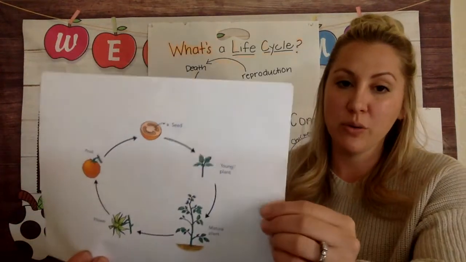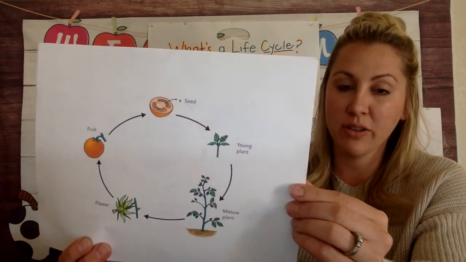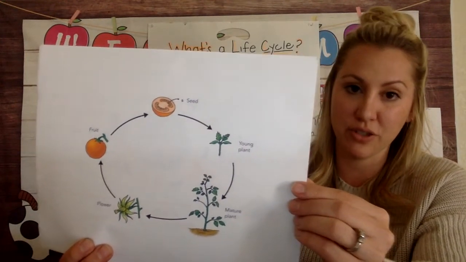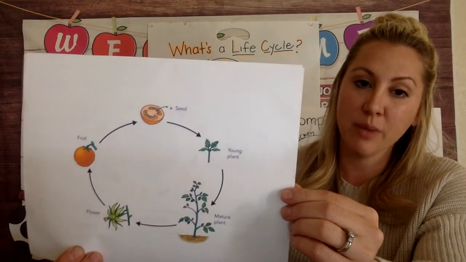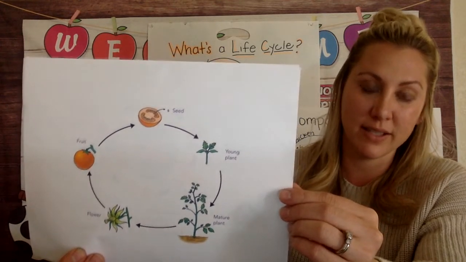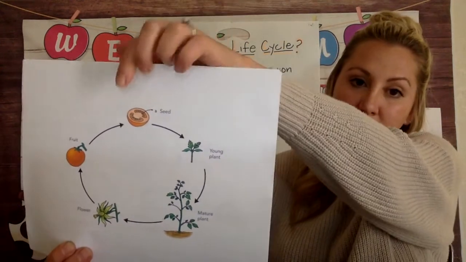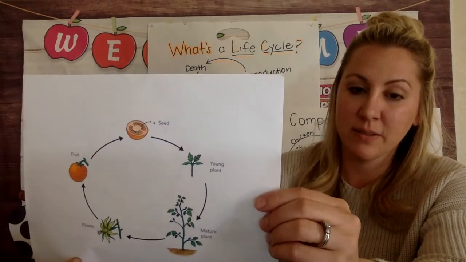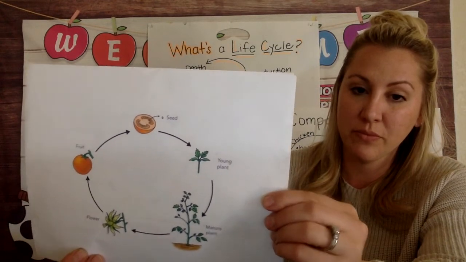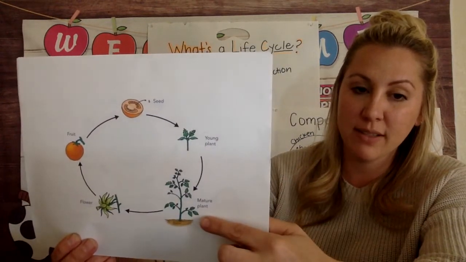I want you to draw this model of a tomato in your science journal. Notice how the birth is represented by a seed that is planted. So a tomato seed is planted. It becomes a young plant. Then it becomes a mature plant.